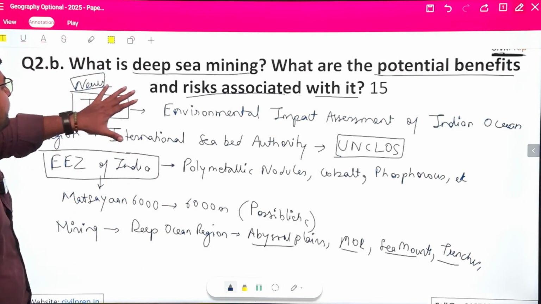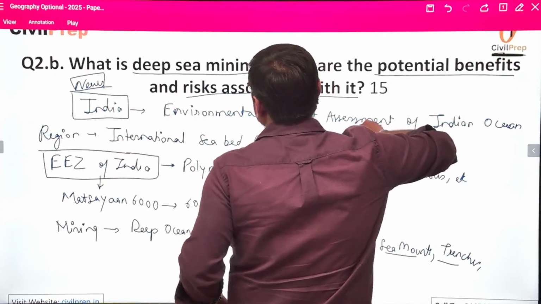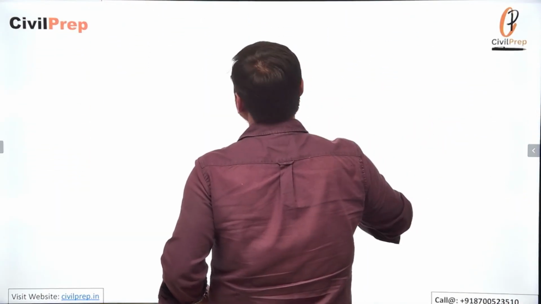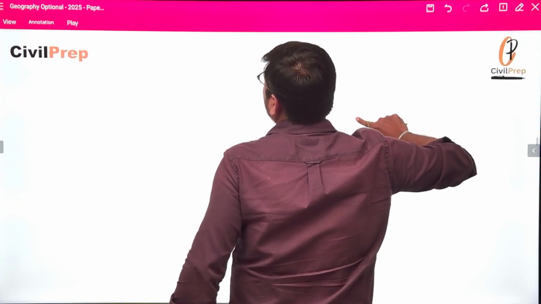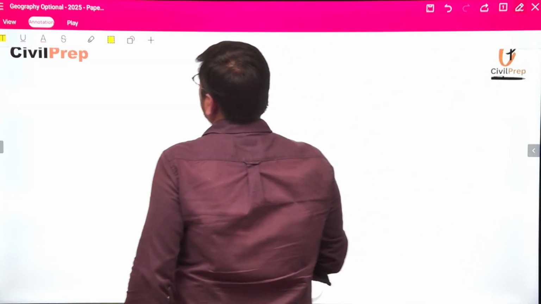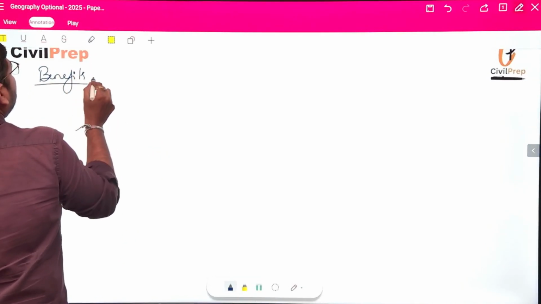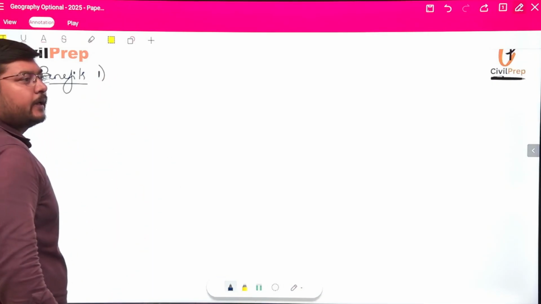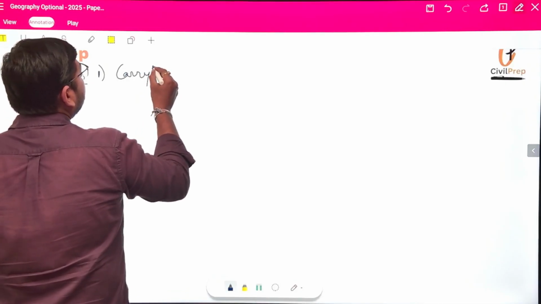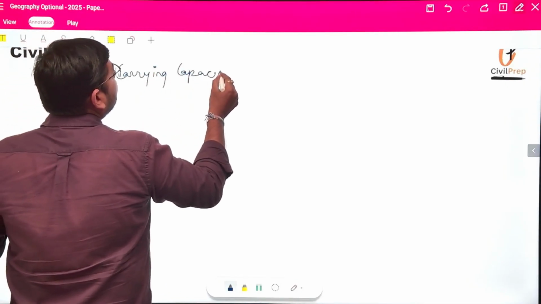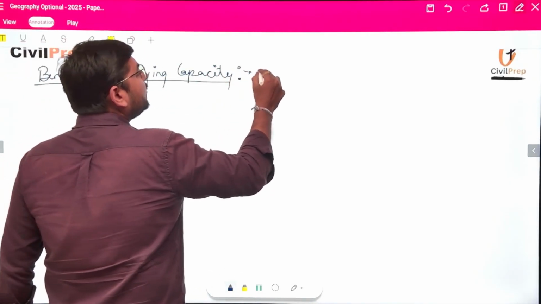Now, when we talk about the potential benefits and risks associated with it, first we'll talk about the potential benefits. Number one, we are using the principle of carrying capacity, basically for resources.